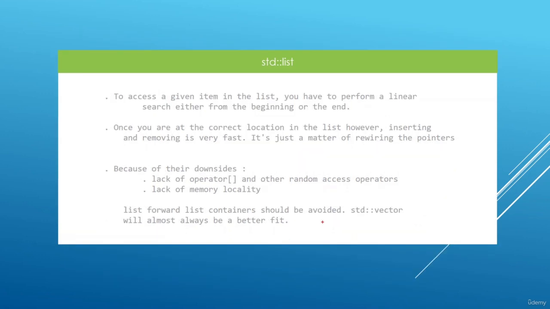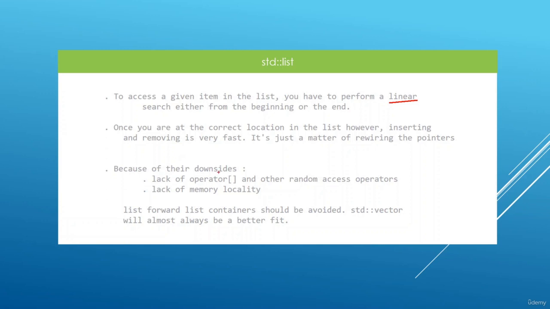And again, to get elements in our list, we have to perform a linear search to find the iterator to the element that we want to manipulate. Once we have the iterator, we can really do all kinds of crazy things. We can insert elements, we can remove elements. The same thing we did really for std forward list, but now we have the ability to move backwards in std list.